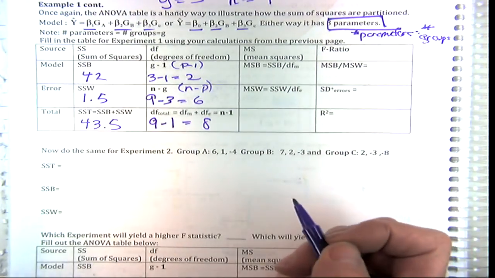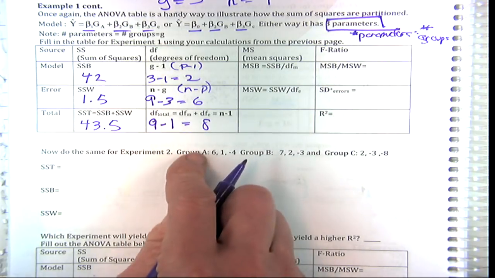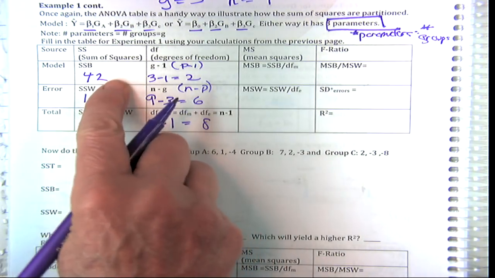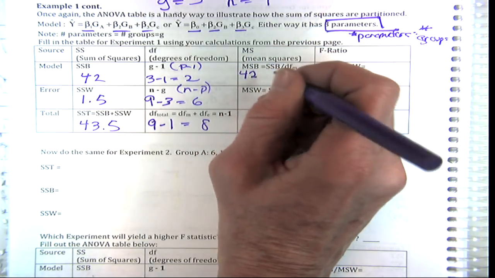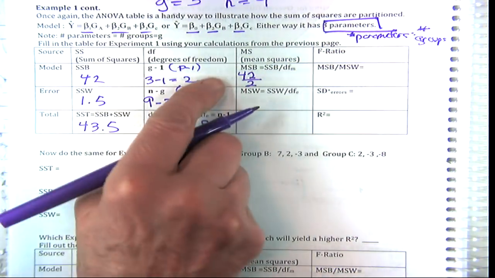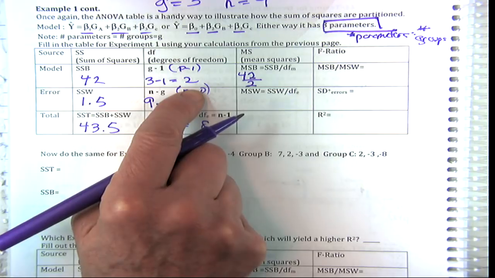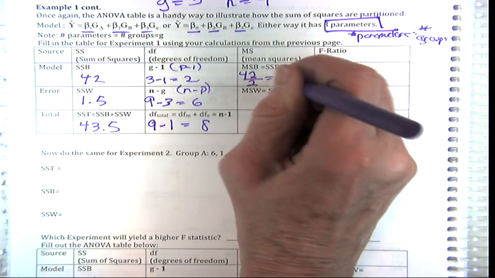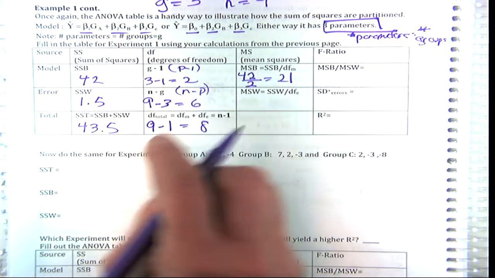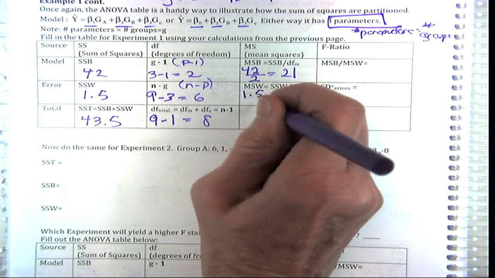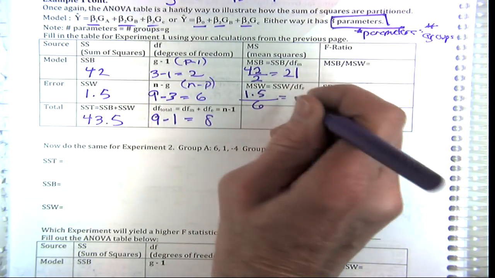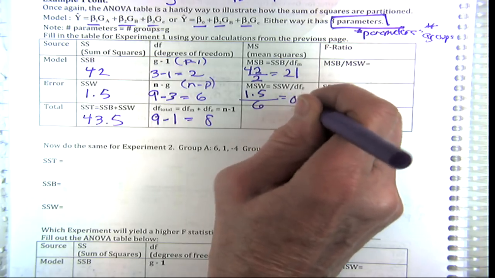So it checks out. All right, now we do the same thing. 42 divided by the degrees of freedom, the mean square model, and we get 21. And here we have the sum of squares within divided by its degrees of freedom, and that's 0.25.